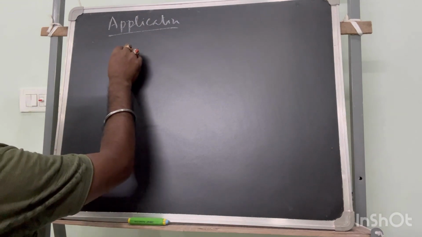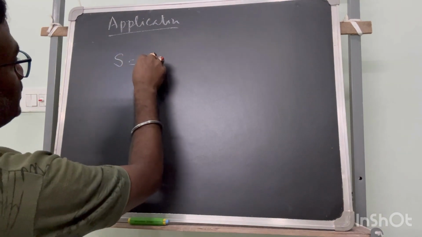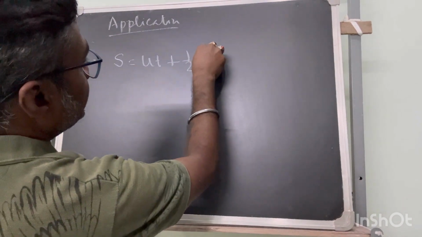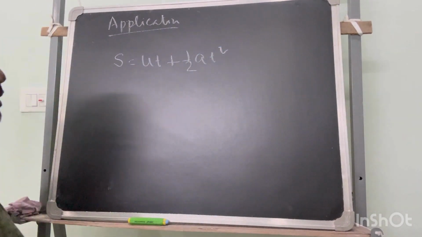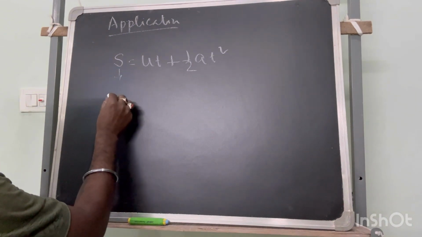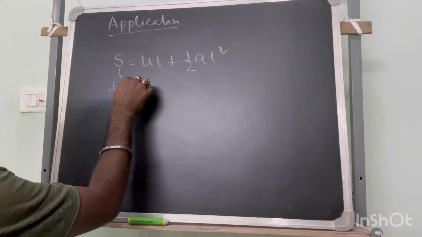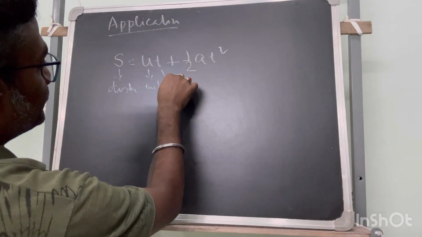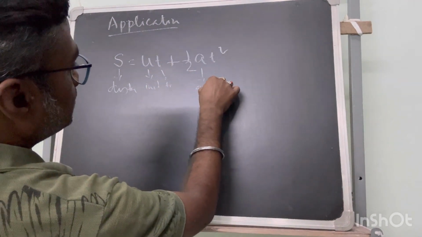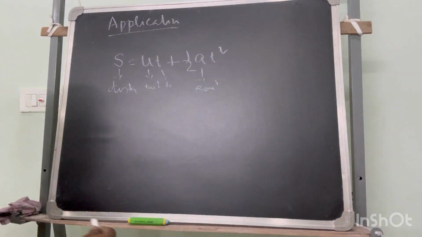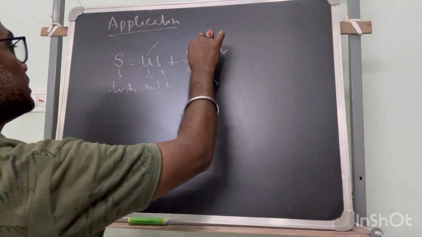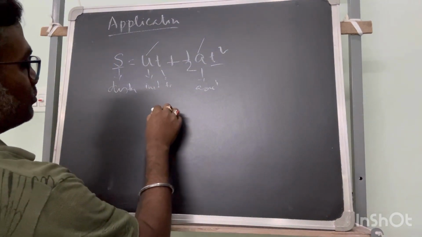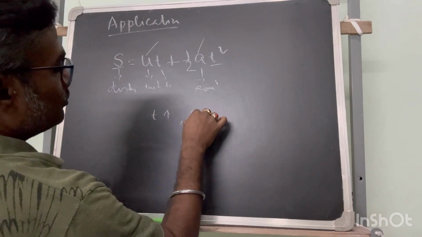There one equation was there: the distance traversed is equal to ut plus half into at square. This is distance, this is initial velocity, this is time, and this is acceleration. For any uniform acceleration, u and a are constant, so t is a variable and s is a variable. The more the time, the more the distance.